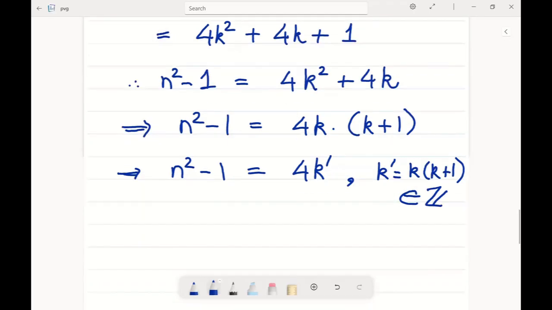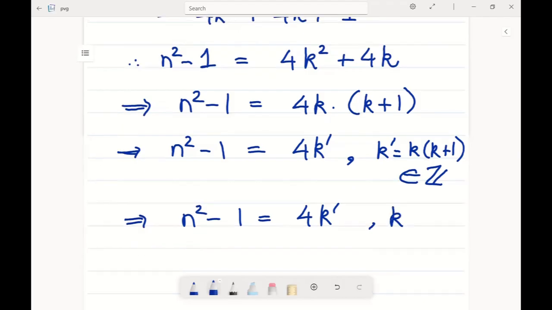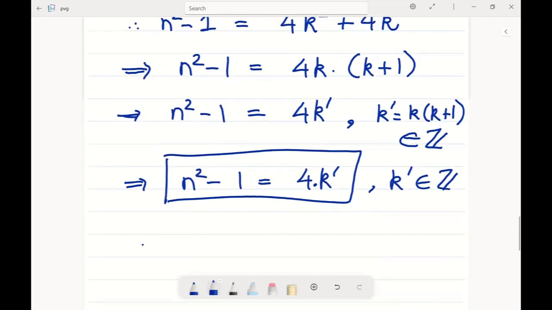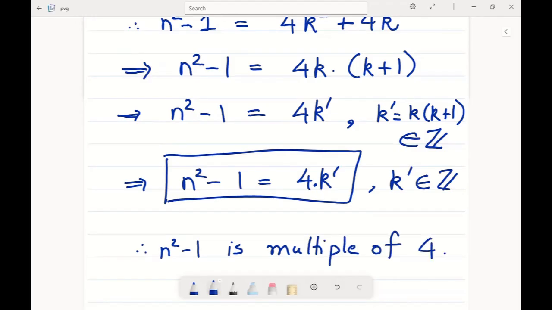So I proved that n square minus 1 is 4 times something, where this something is an integer, which means it is a multiple of 4. Therefore n square minus 1 is a multiple of 4.